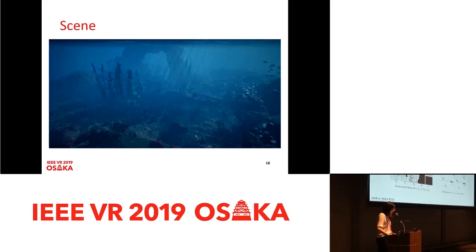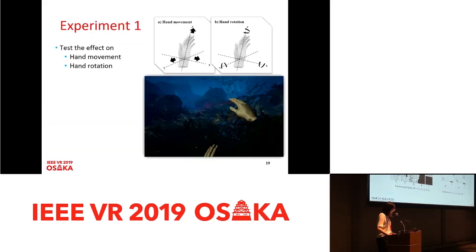In this scene, we conduct 2 experiments. The first one is to test on hand motion, and the second one is for HMD motion. Experiment 1 is to test the effect on hand motion. The cases are just not delayed motion and delayed motion.